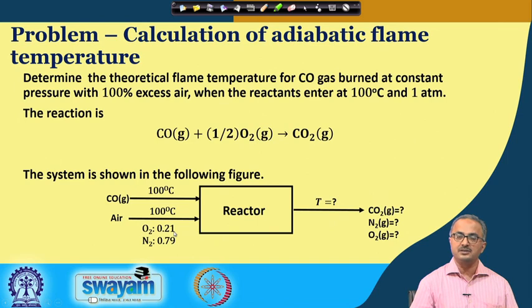So when you convert the mole percent into mole fraction, you get 0.79 mole fraction of nitrogen and 0.21 mole fraction of oxygen. Now here we have to find the temperature at the outlet, and we also do not know the composition of the outgoing stream. The only thing we know is that the nitrogen going into the reactor will come out fully without any reaction.